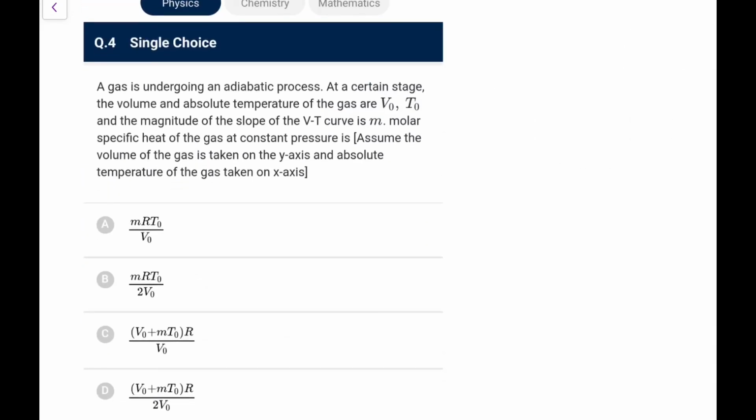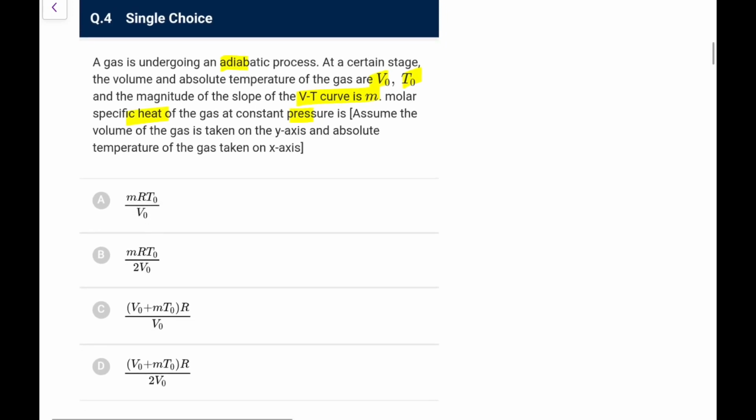Gas is undergoing an adiabatic process. At a certain stage, the volume and absolute temperature are V0, T0, and the magnitude of the slope of the curve is m. Molar specific heat of the gas at constant pressure. Again, this is a question you must have done in your practice sheets. So in an adiabatic process, the equation between T and V reads T V to the power gamma minus 1 is constant.